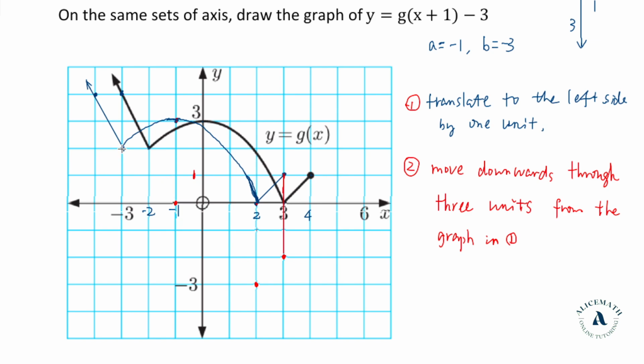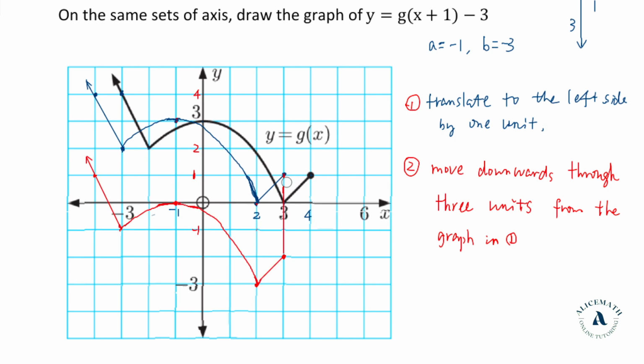And this vertex has the y-coordinate 2, so we move down by 3 units, which means -1 here. And this dot, we need to move downwards by 3 units. 4 take away 3 equals 1, is here.